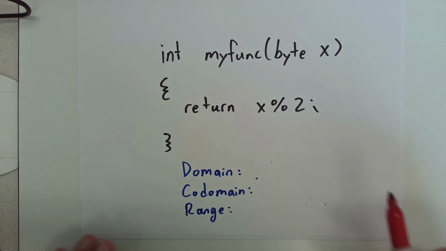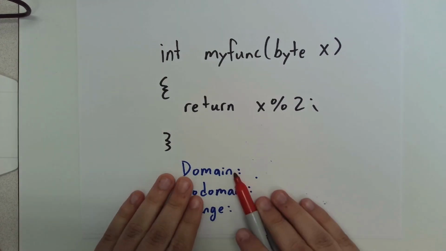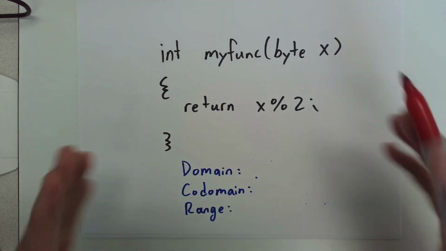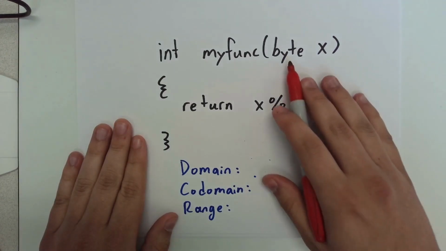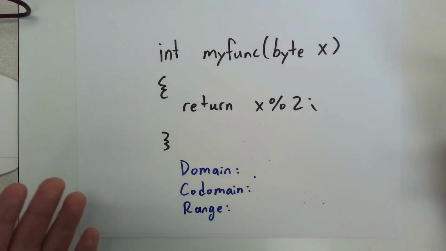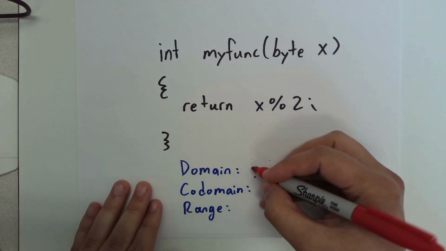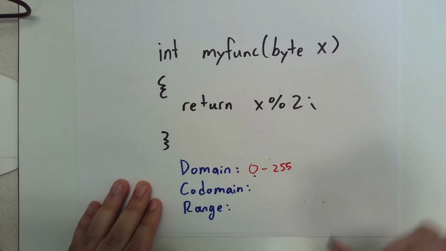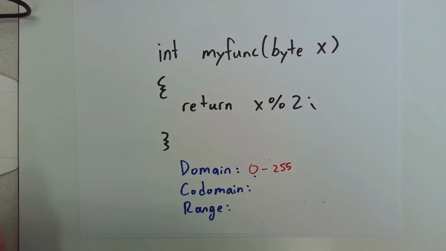Let's take a look at my domain. Our domain is just what that function can take in. So what can this function take in? Well, it takes in a byte called x. What values can a byte be? It can be all the values from 0 to 255. Easy enough.